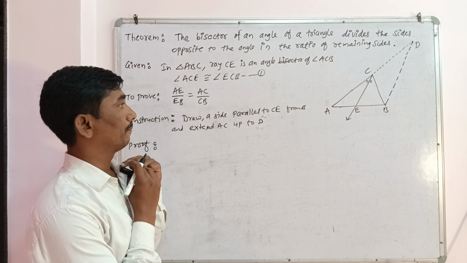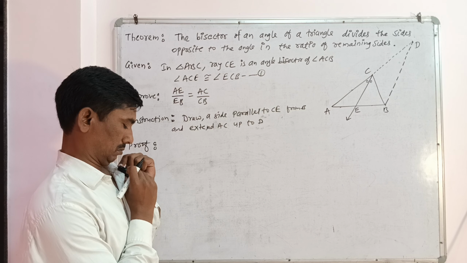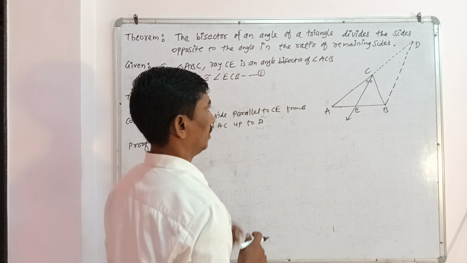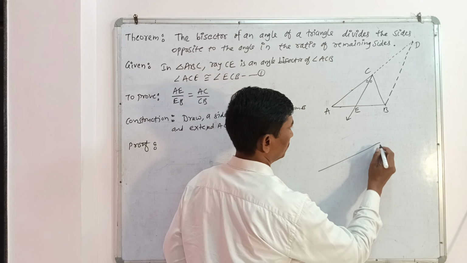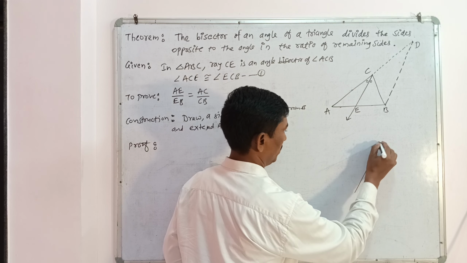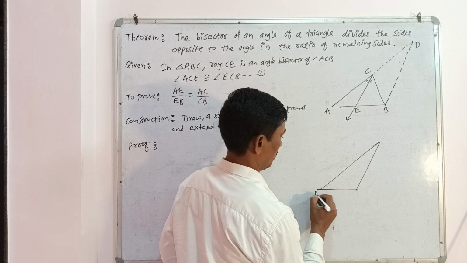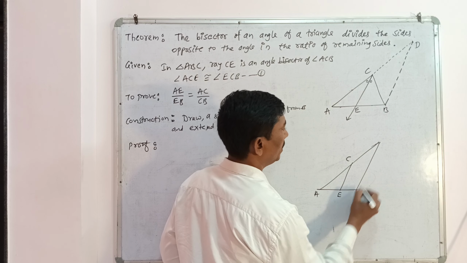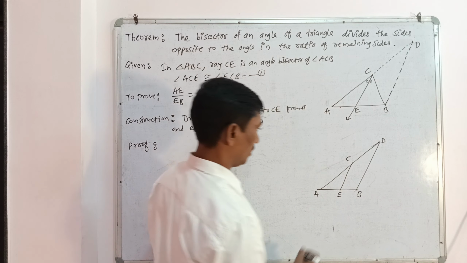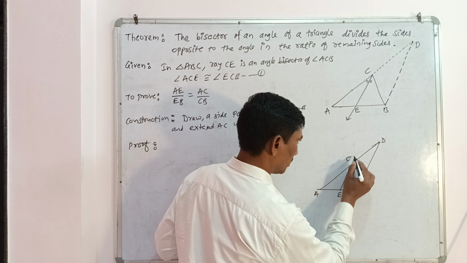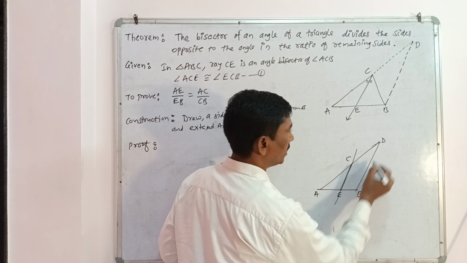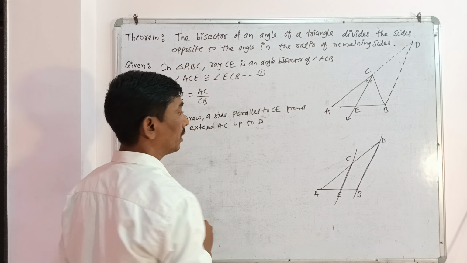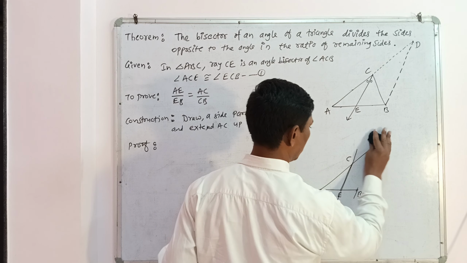So, what is there? Okay. Now, see, in this triangle ABD, if you take AD as transversal and CE and BD as parallel, then what we can say is, suppose I draw this again.